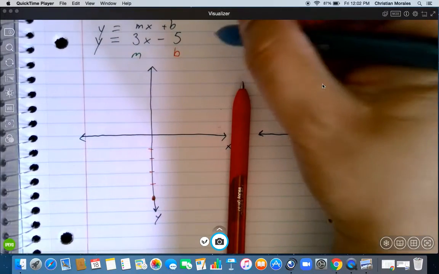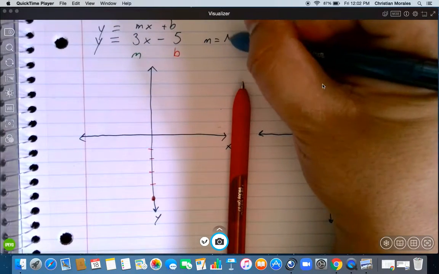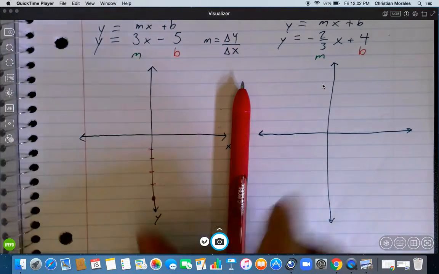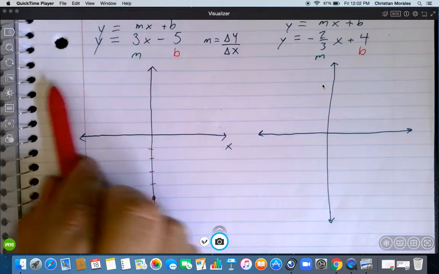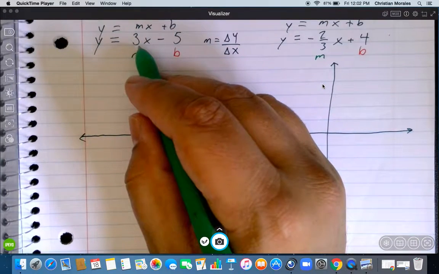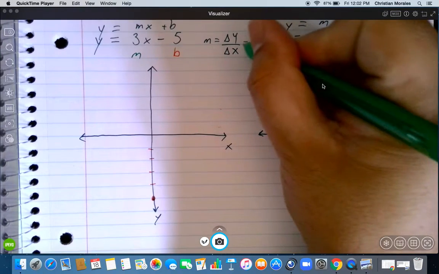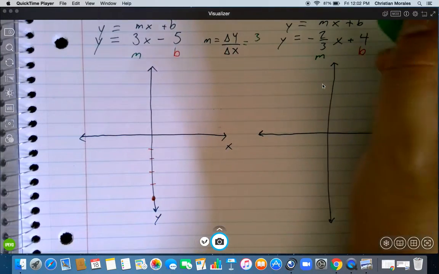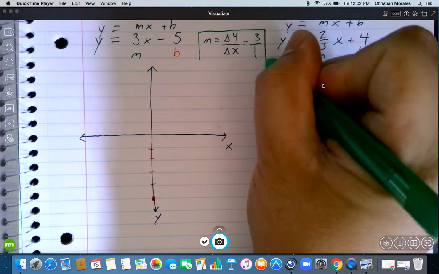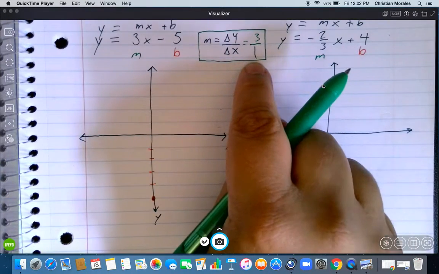The slope, the m, is written as the change in y over the change in x. But I don't have 2 numbers, I only have the number 3. So what do I do in these cases? Well, you have to write this number as a fraction. So how do you write a whole number as a fraction? Well, you put a 1 underneath it. And now you've turned it into a fraction.